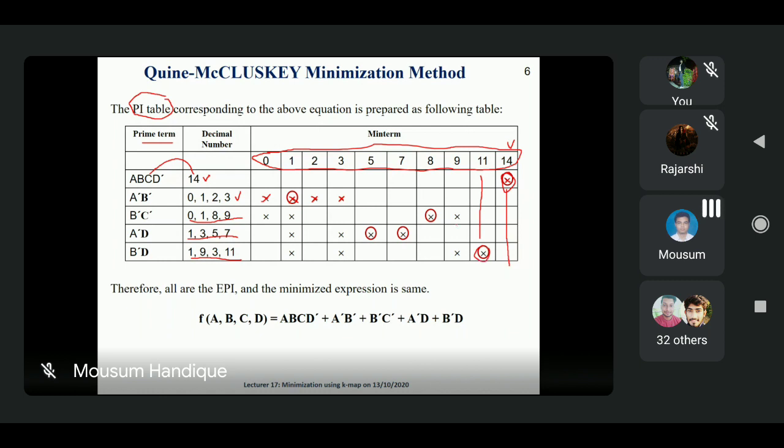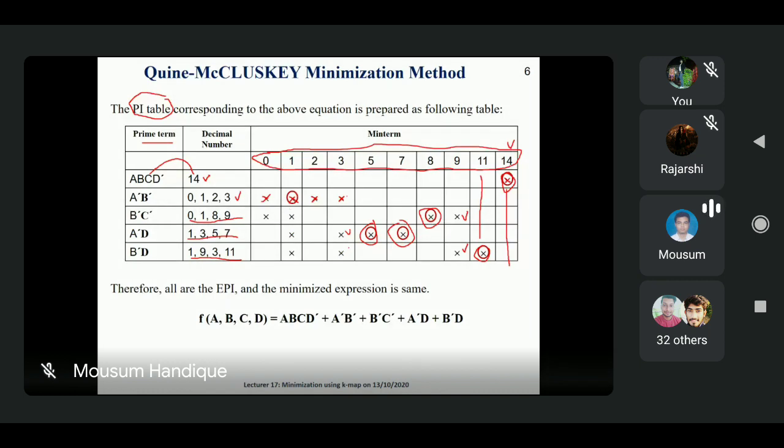But we cannot round column number 9 because here also it is cross and here also it is cross. Two cross symbols are there, so it is not possible. But in 8, only one cross is there, so we can round this one. 7 also we can round, 5 also we can round. But we cannot round column number 3 because cross is present here, here, and here.